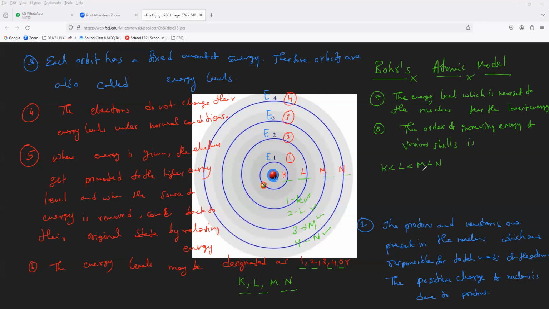Compared to L, M has more energy. Compared to M, N has more energy. K means E1, L means E2, M means E3, N means E4. So E1 is less than E2, is less than E3, is less than E4. That is what you have to remember.